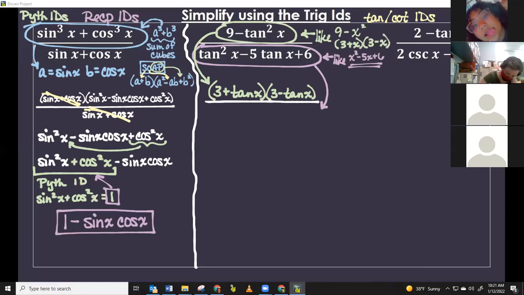With the x's, that would factor to be x minus 2, x minus 3. So I can do the same thing here: tan x minus 2, tan x minus 3.